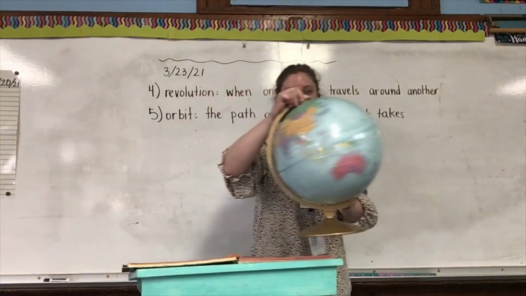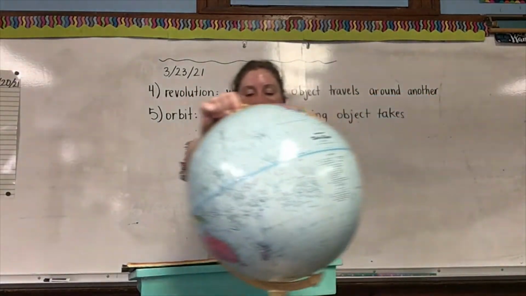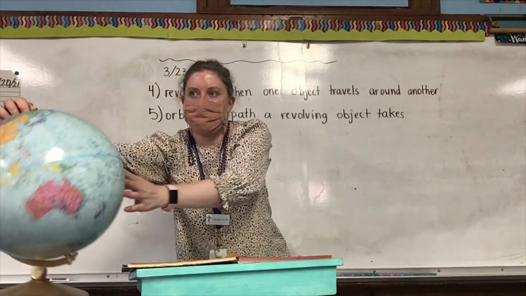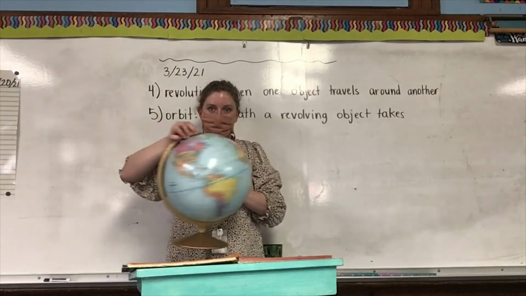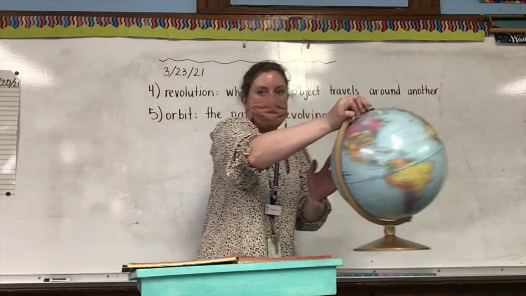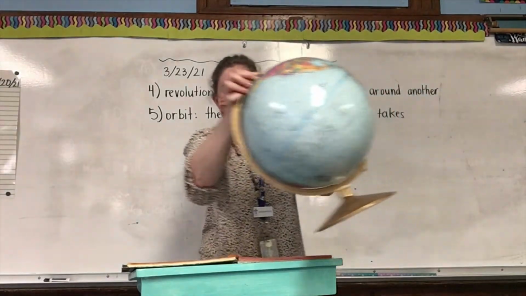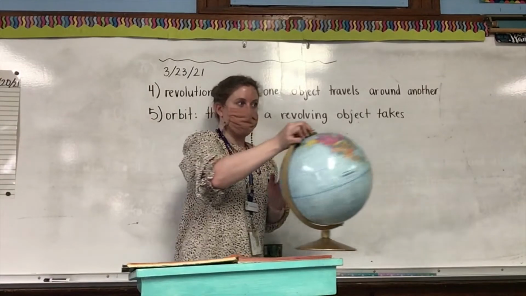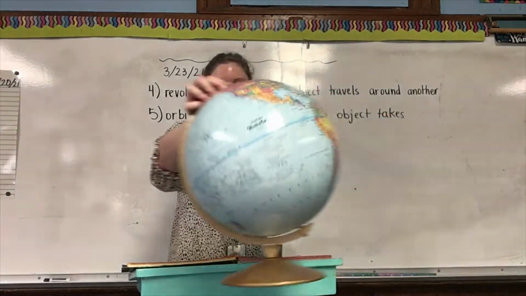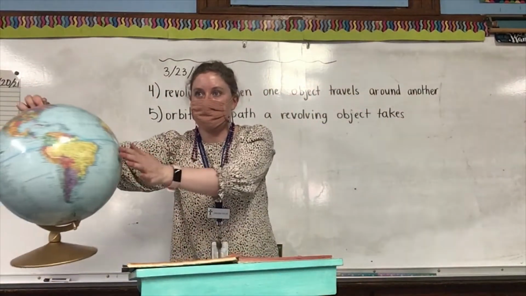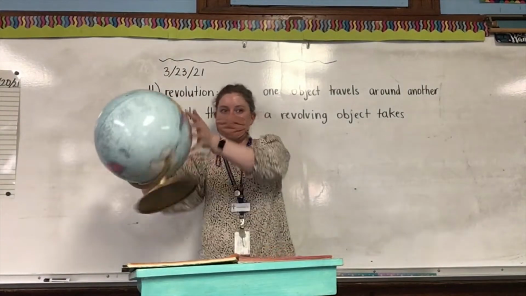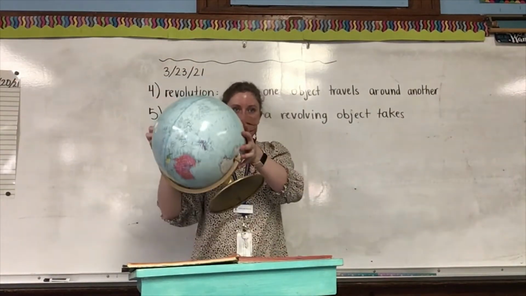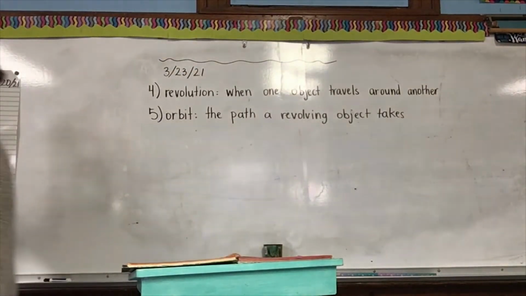It still spins, but the tilt doesn't change. I'm trying to make it stay the same. Do you see that? It doesn't tilt this way as it goes around. It stays like this. Okay? Does everybody understand what I'm trying to say? It's not going like this. Okay? Keep going, Michaela.